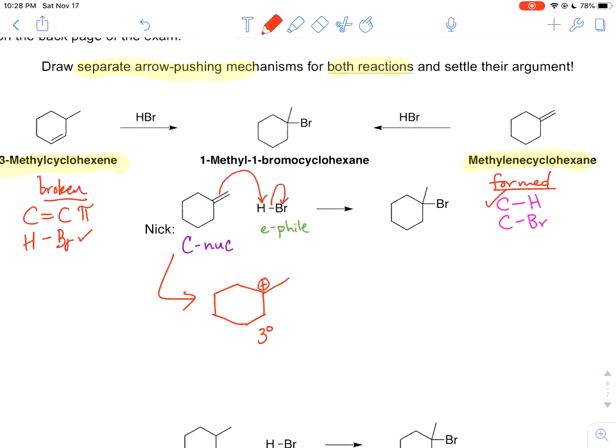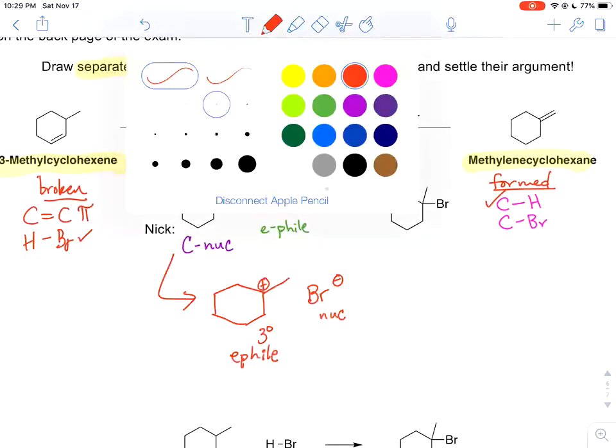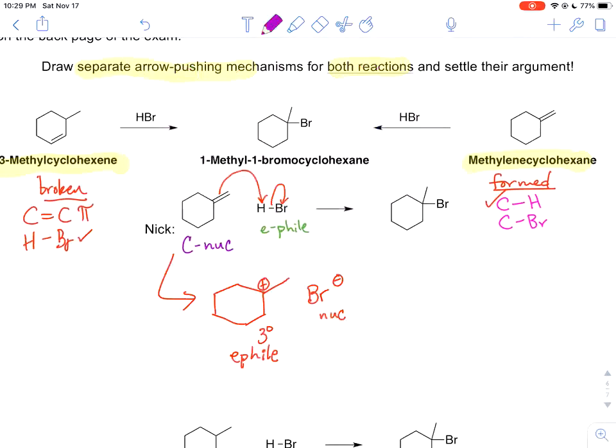We also have the bromine, that was the leaving group in that first step. And it's going to be the nucleophile in the second step, whereas the tertiary carbocation is the electrophile in the second step. So we're going to start at the nucleophile, electron rich, and at electrophile, electron poor. That gets us to our product. We have formed the carbon-bromine bond, and I should have put a check that we broke the carbon-carbon pi bond.